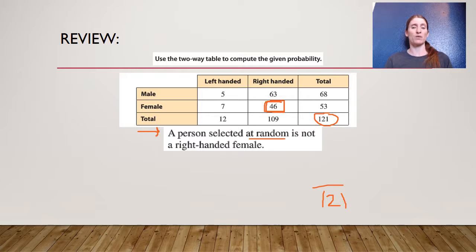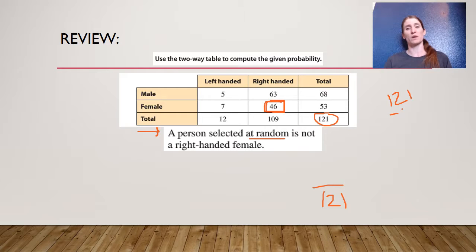Well, we could do it two ways. We could find that and then do the opposite of it, or we could find everything else and put that as our numerator. So if we're talking about 46 people that are right-handed females, the difference of that is going to be the not.